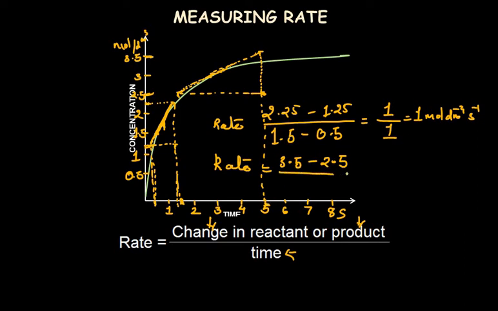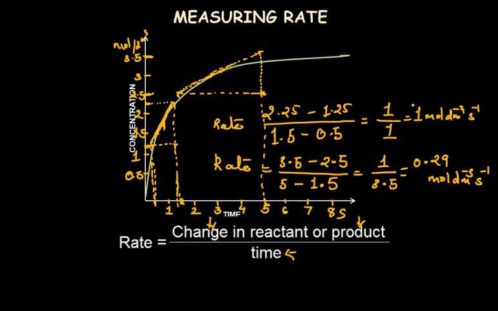So the division will have time as 5 minus 1.5. Now calculate this. So it's 1 divided by 3.5, which ends up in 0.29 moles per dm cube per second.